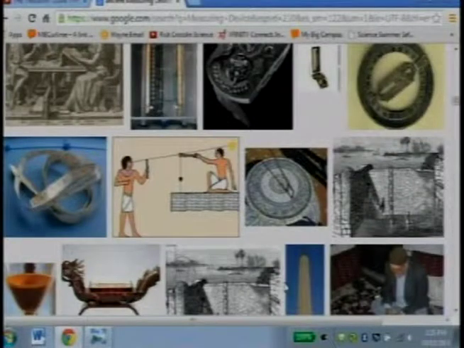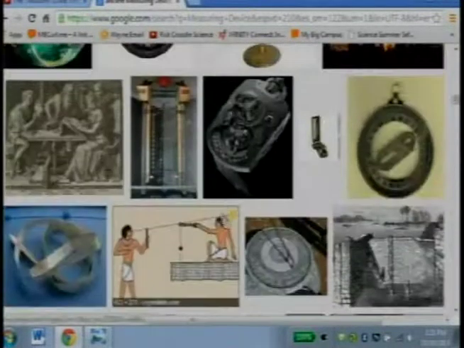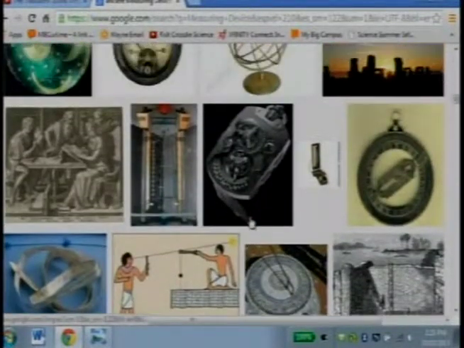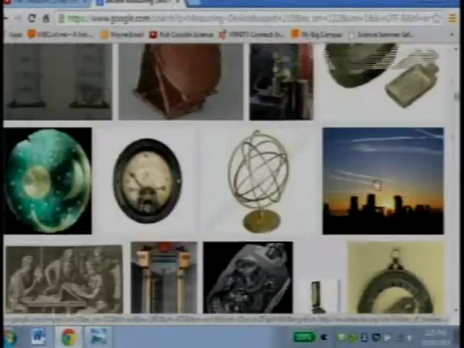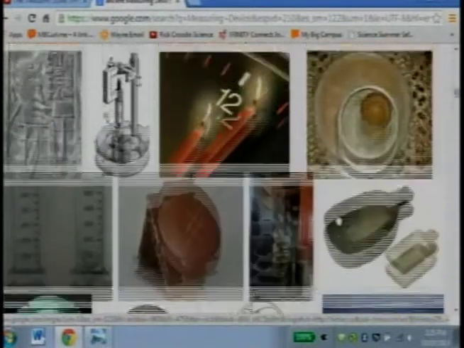You know, measuring devices have been around for a long time, and it depends on when and where they were different. Check it out. Here are some from ancient Egypt, from ancient Greece, and water clocks, and sundials, and astrolabes, and even Stonehenge. These are all measuring devices to measure different things.